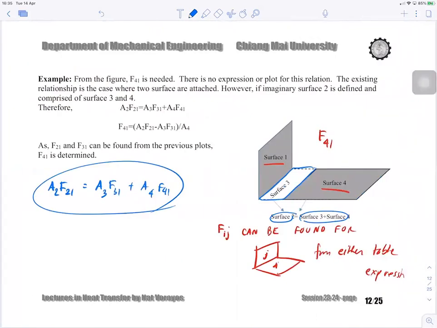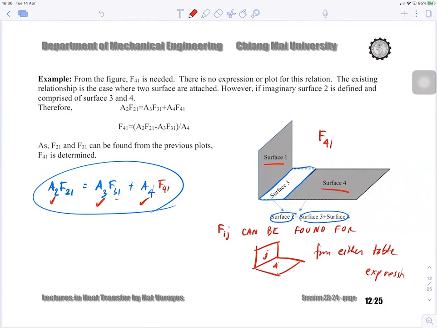And then I know that what I want is on this side. This is 4, so it should be F41. This is what I want. The red one is what I want, okay? Let's say we know A2, we know A3, we know A4, given the dimensions you have from the picture itself, okay?